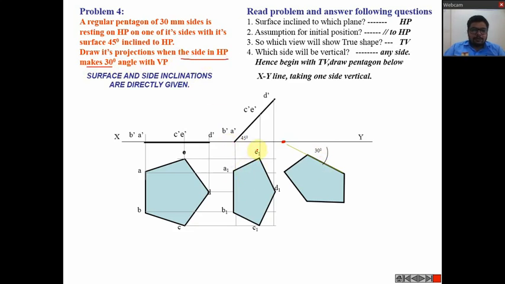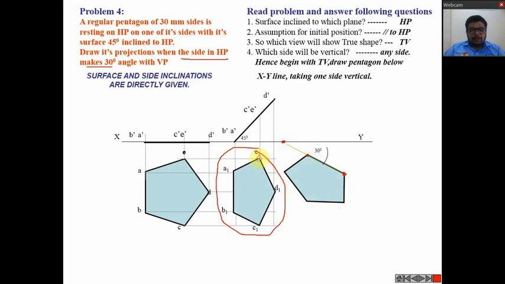Now this whole pentagon you have to tilt by 30 degrees. How to draw this? First of all draw one random line at 30 degrees. Then mark point A1, then mark point B1. Now we can get all the other points by a very simple method.